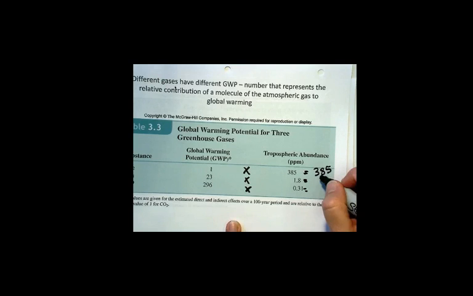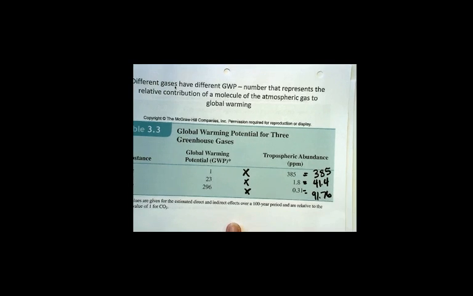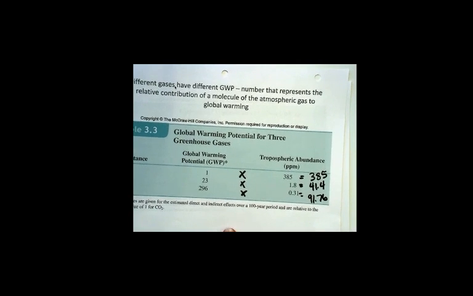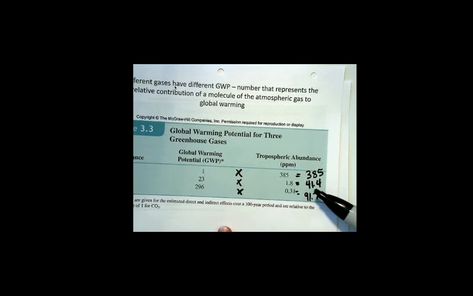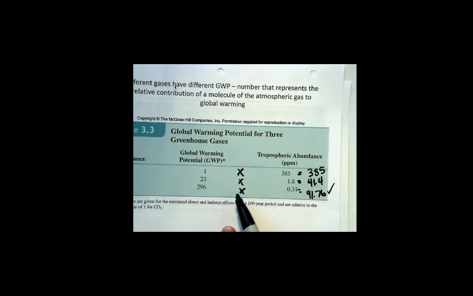23 times 1.8 is 41.4. And 296 times 0.31 is 91.76. So even though the concentration of methane is greater, nitrous oxide is more of a factor in global warming because it absorbs so much more infrared radiation per molecule.